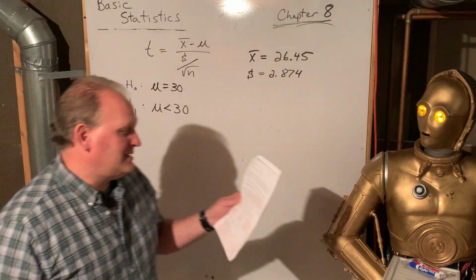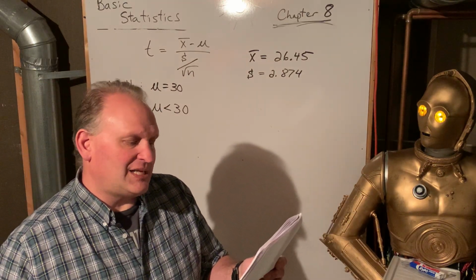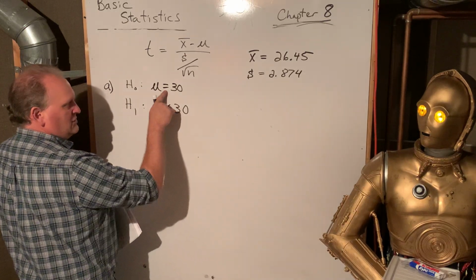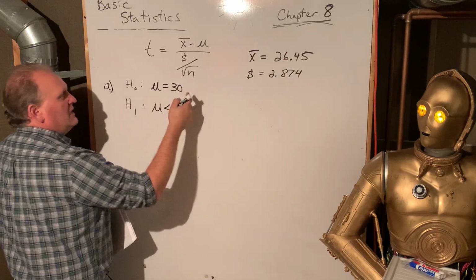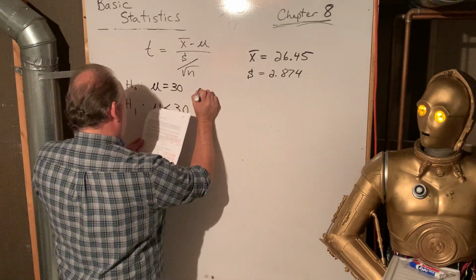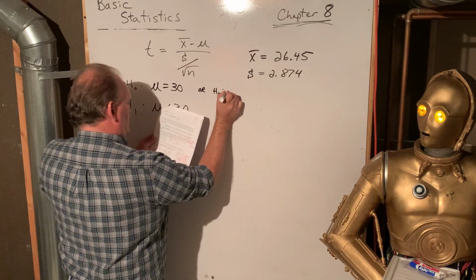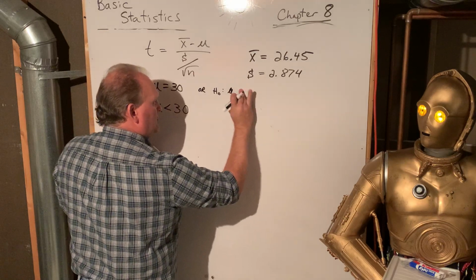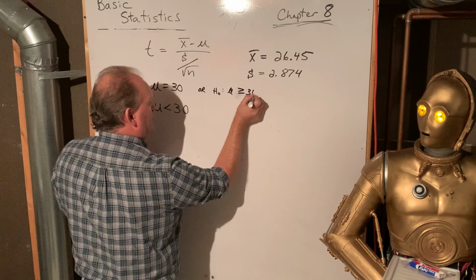So this is the test. I've seen it in other books. Our book usually goes with equals and then greater than or less than. They usually don't play around with the null hypothesis with anything other than equals. So this is fine. If you wanted to say your null was mu is greater than or equal to 30, that's fine.